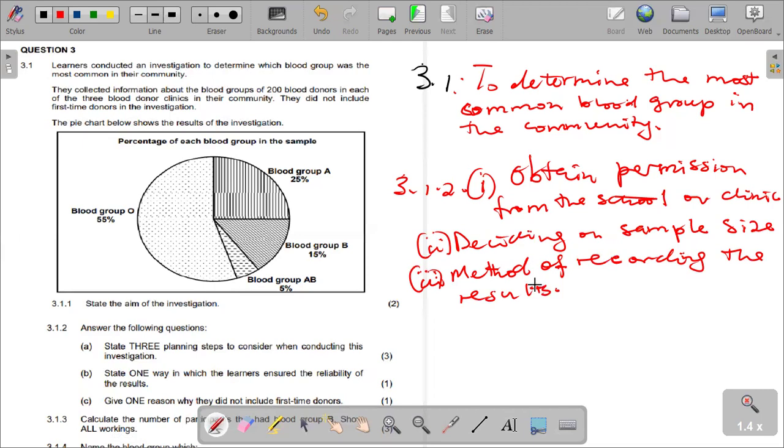Which method was going to be used to record the results? It must be decided before the investigation is done.